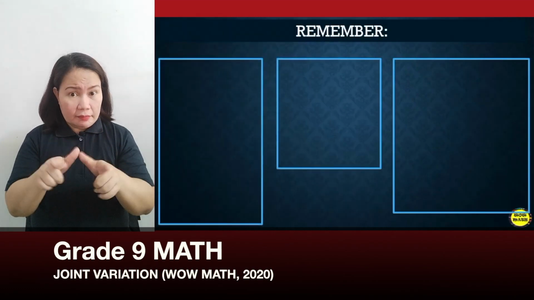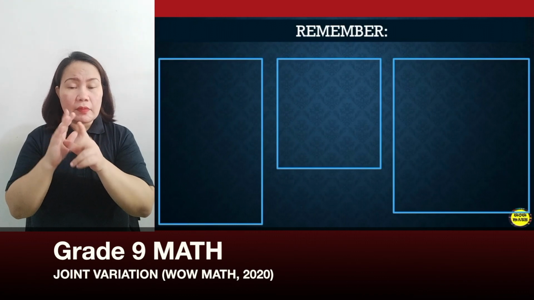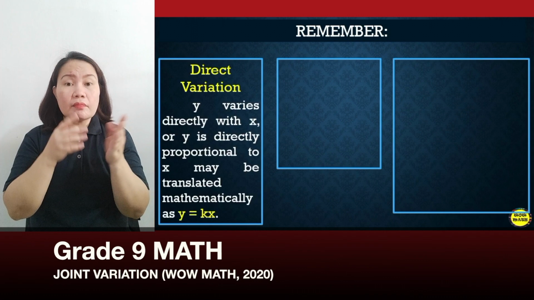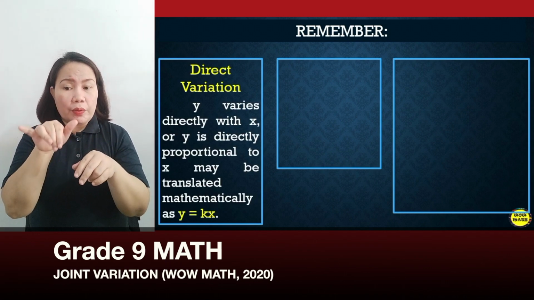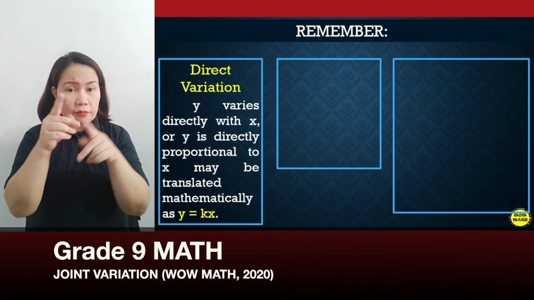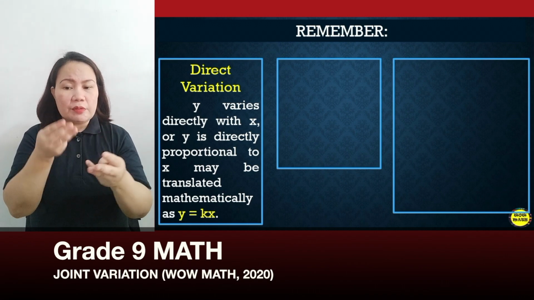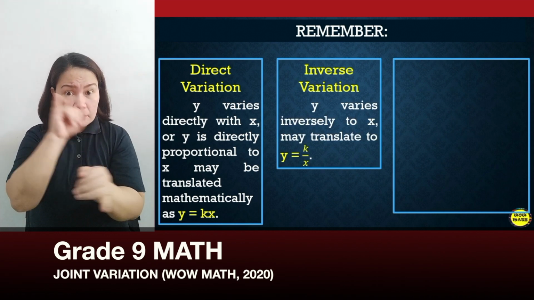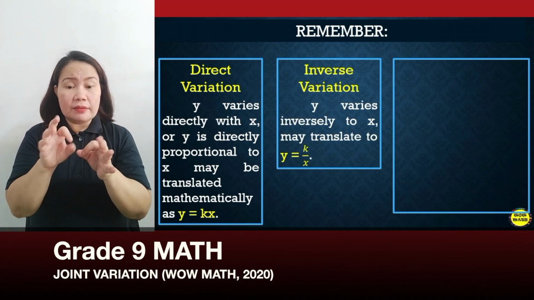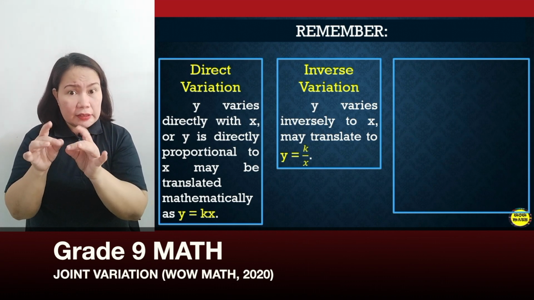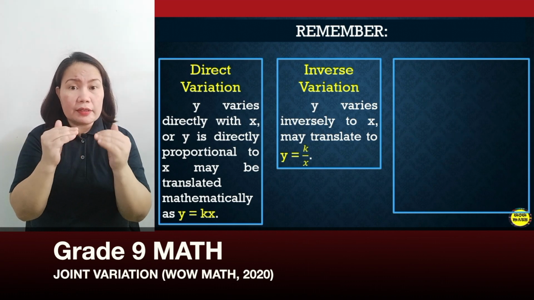So let us recall direct and inverse variation. In direct variation, if y varies directly with x or y is directly proportional to x, it may be translated mathematically as y is equal to kx, while in inverse variation, if y varies inversely to x, it may be translated to y is equal to k over x.